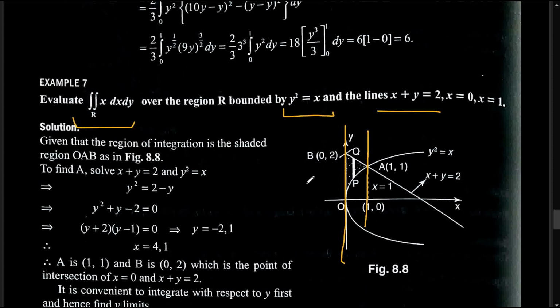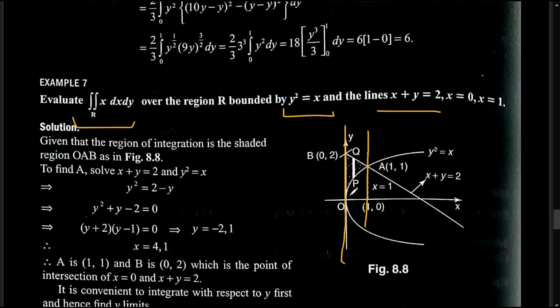Now they took a strip vertically. This is very important. If you take a strip horizontally, what could be the equations of the x limit? Just think of it. If you take this strip horizontally, then what could be the limits?